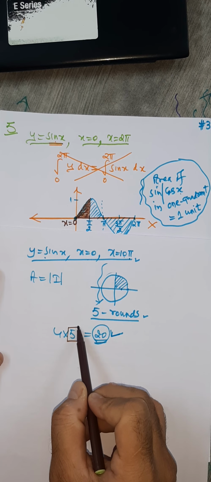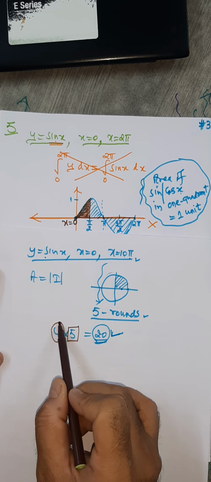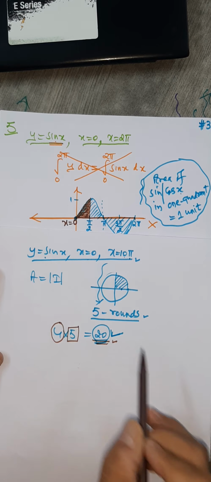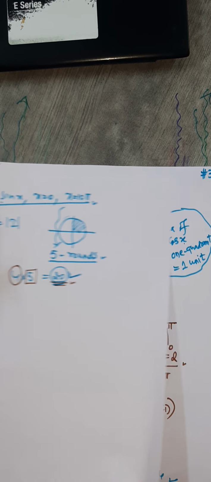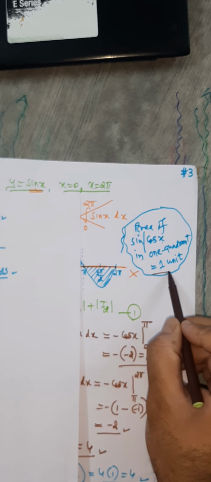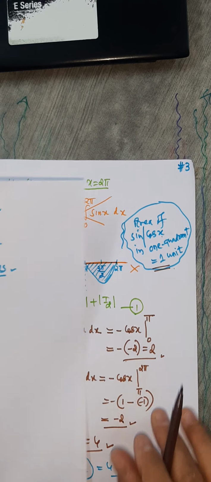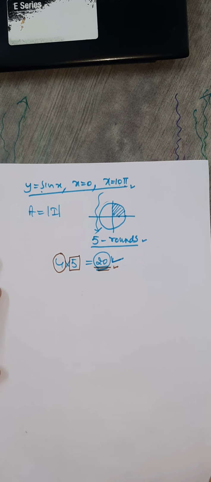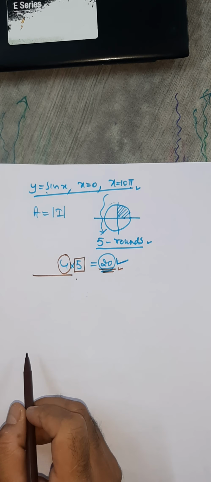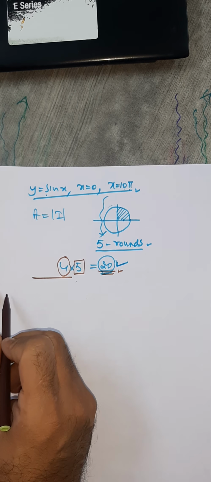In one round there are 4 quadrants, so 4 units. 4 into 5, 20. Right? That way you can think, remember. Okay, but keep this much in your mind, remember. Area of sine and cosine in one quadrant is 1 unit. Okay. Now let's go to the next question. Next number, 6th question.